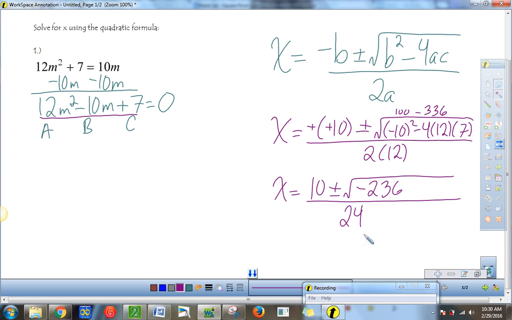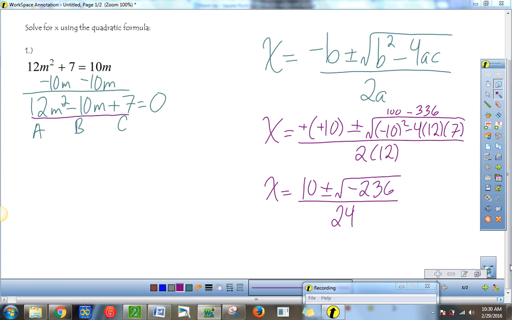Okay, what does this mean? If it's negative, what do you remember? What happens when you take the square root of a negative? Throw it in your calculator. Tell me what happens. There's something really specific that you do, and then just kind of keep rolling with it. What happens when you take the square root of a negative number?